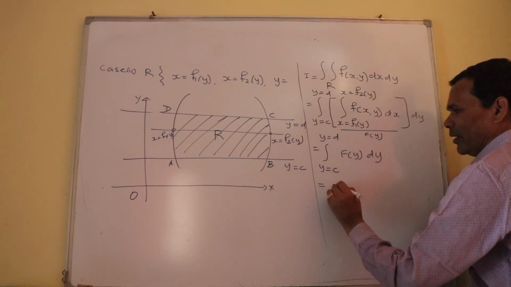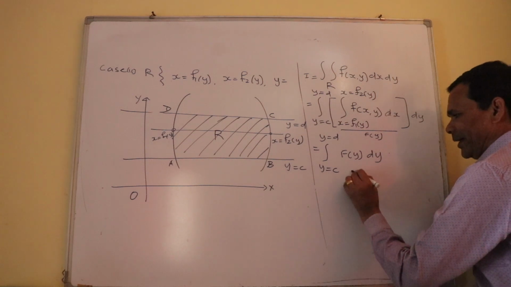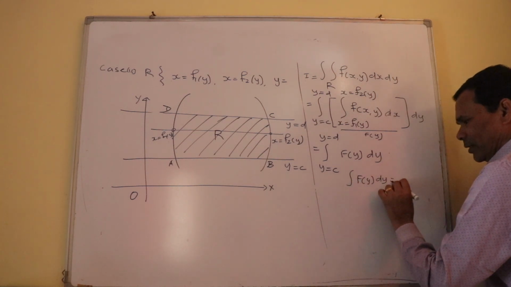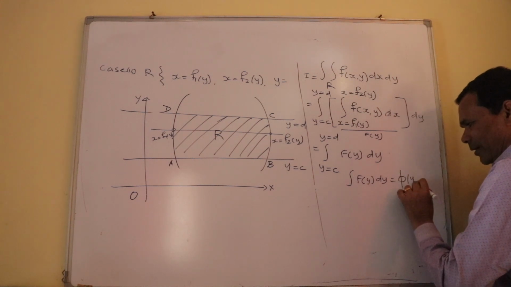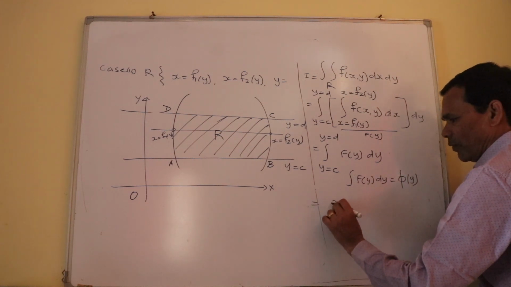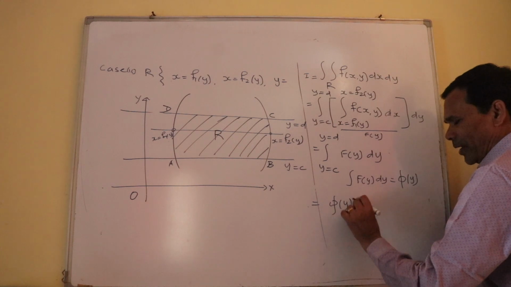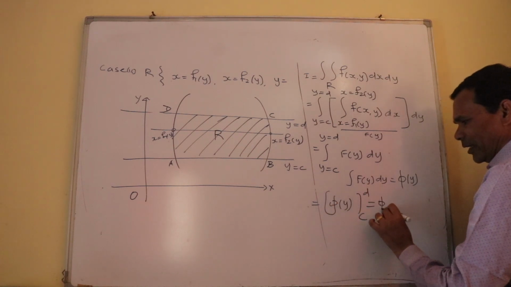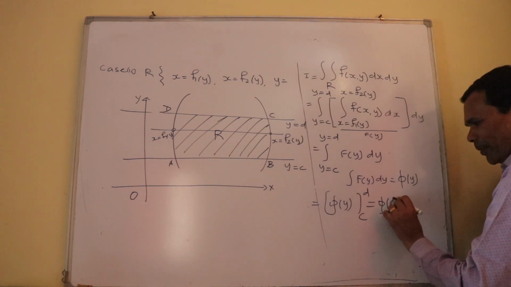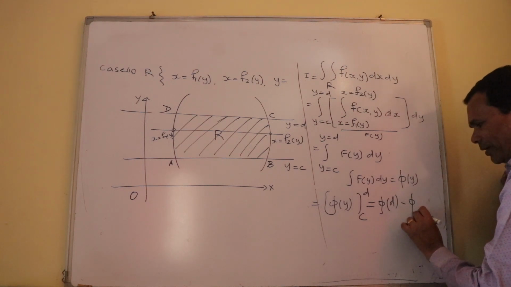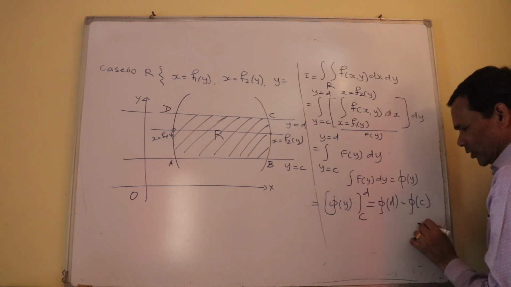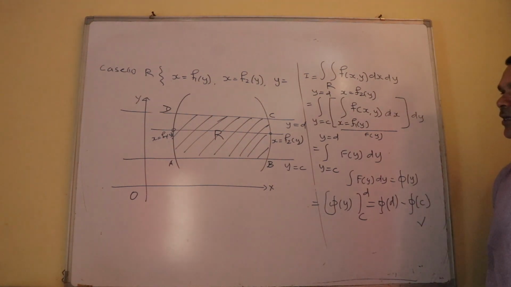So if I take the integration of f of y dy equal to phi of y, then this would be phi of y with limits applied c to d, by the fundamental theorem of integral calculus, upper limit minus lower limit, phi of d minus phi of c. So this is the value of this integral.